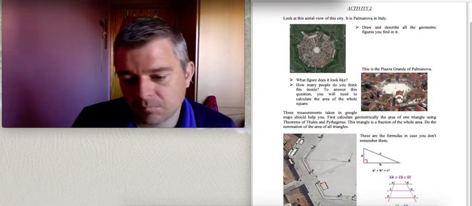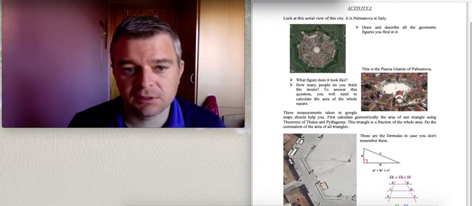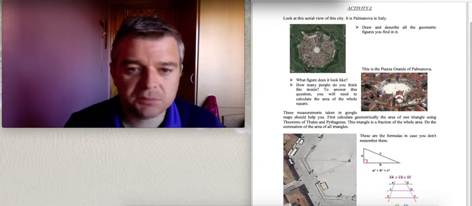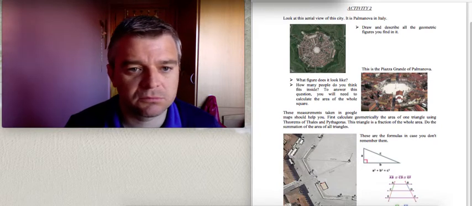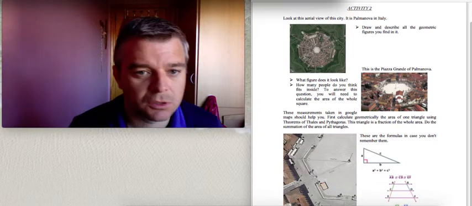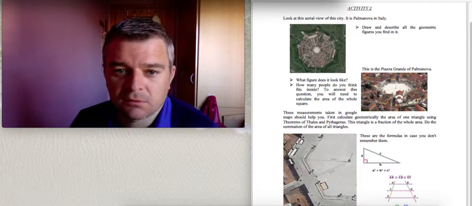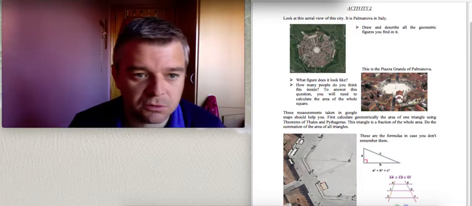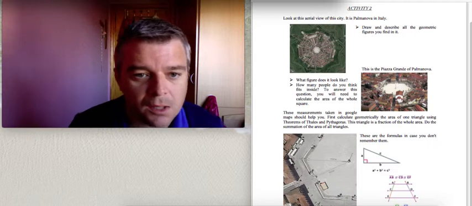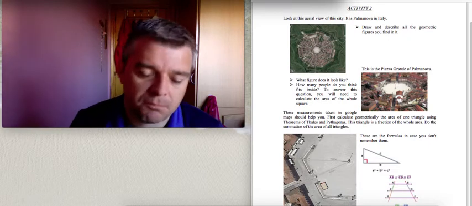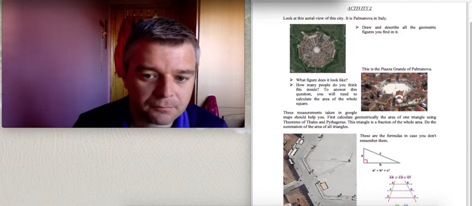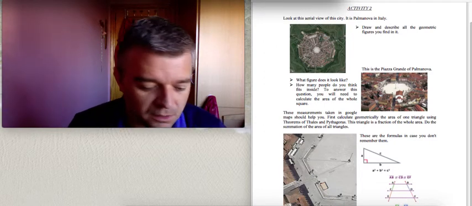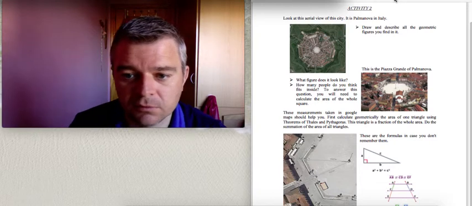The purpose of this activity is that they apply concepts they already know to a real situation that we analyze in the photos. At the same time, they must arrive at a conclusion of a general formula, and of course, learn part of the vocabulary related to geometry. Okay, I think this is enough for the activities.